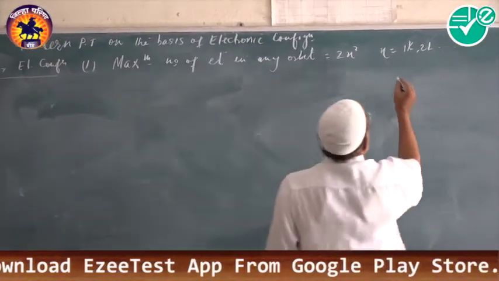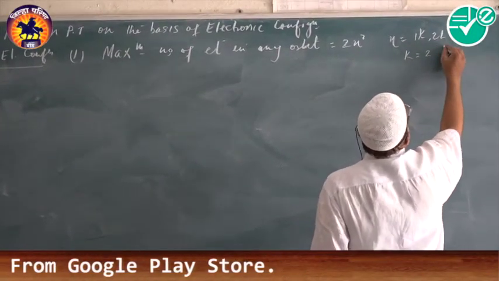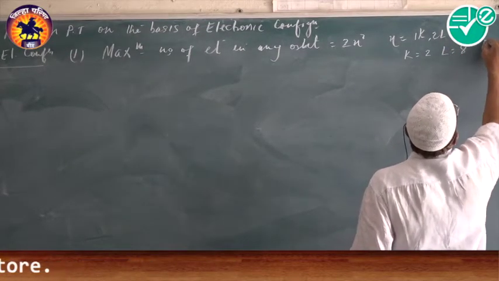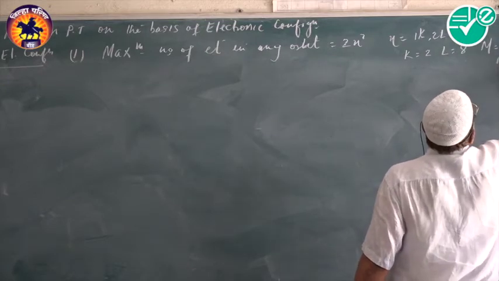On this basis, orbit number 1 has 2 electrons, the second has 8 electrons, and so on, 18, 32.